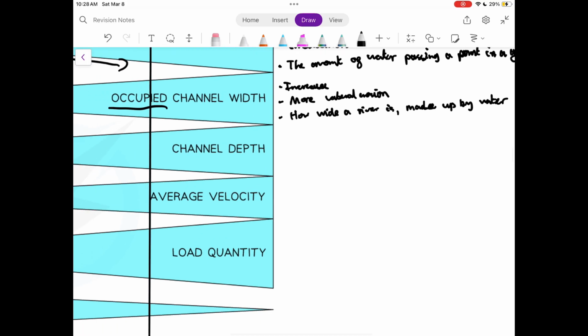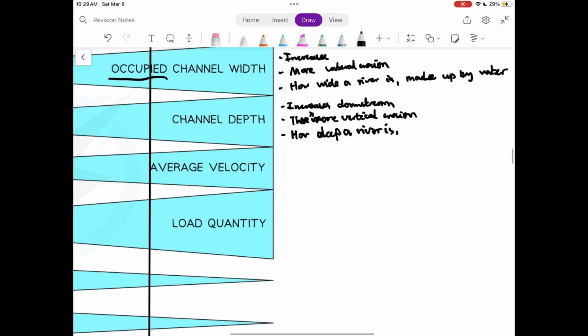Okay. So the next thing you need to know is channel depth, and this increases downstream. And this is because there is more vertical erosion. And then the definition for this is how deep a river is. And the next thing you need to know is average velocity.